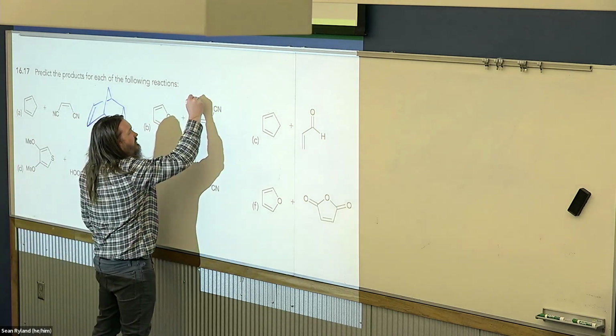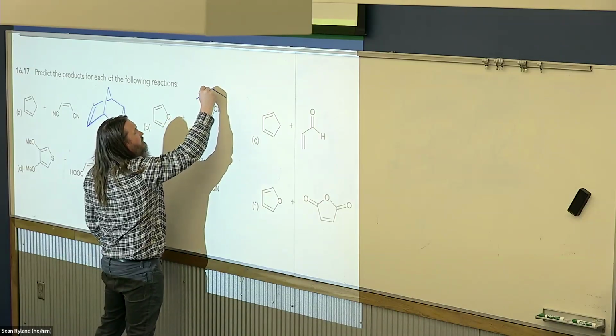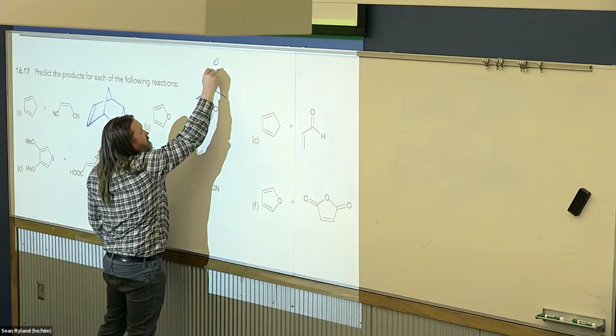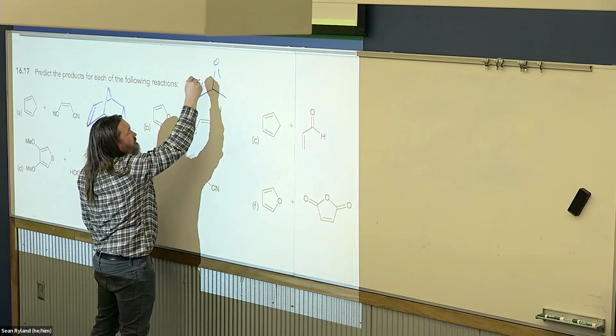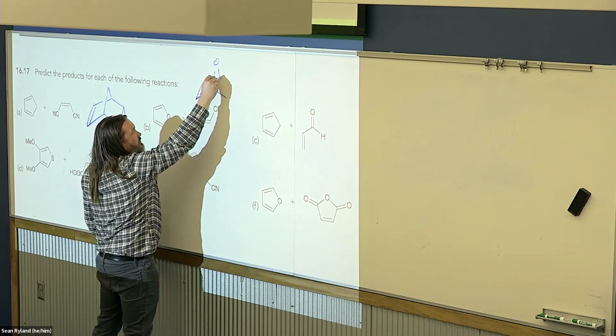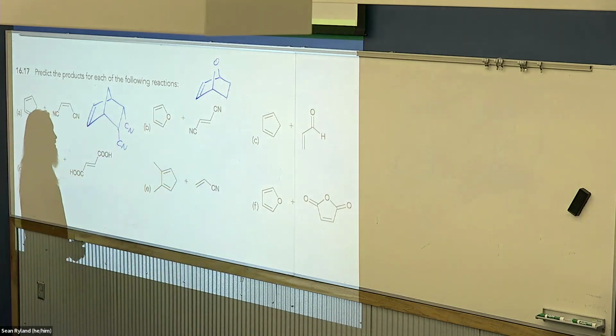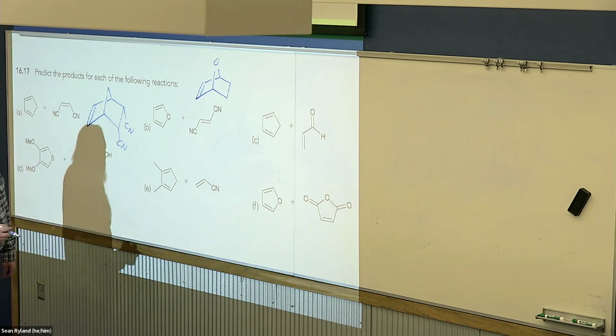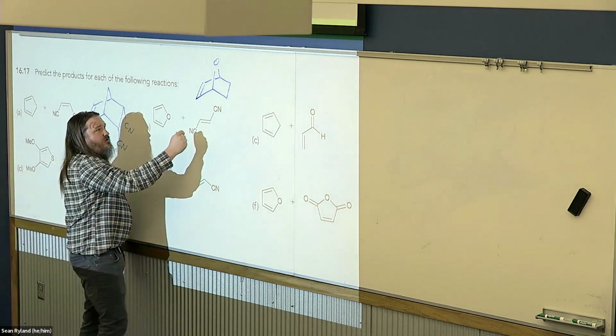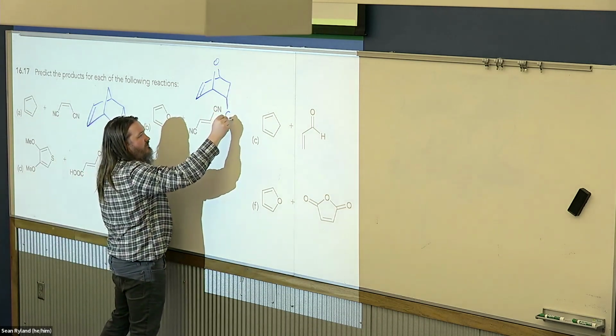But we're still going to make our bicyclic structure here, just with an oxygen as your bridge across the top. And then because these are trans, we'll get one down and one up.